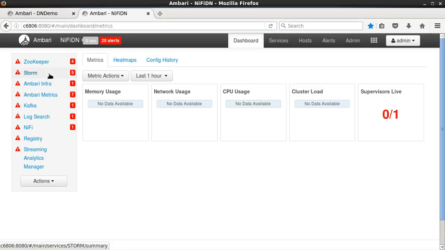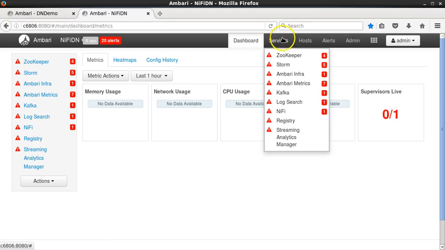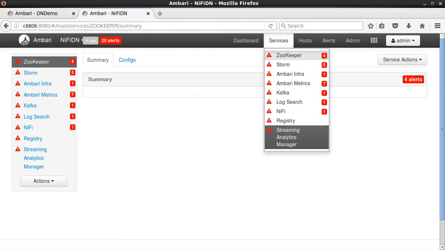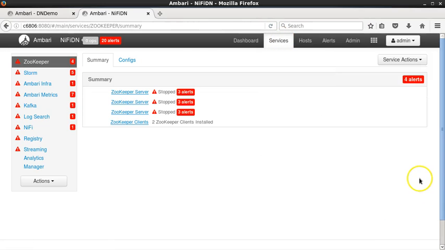Storm is one key component, and let's take a look at what these services are supposed to do. Essentially, you have Storm, Zookeeper, Ambari infrastructure.